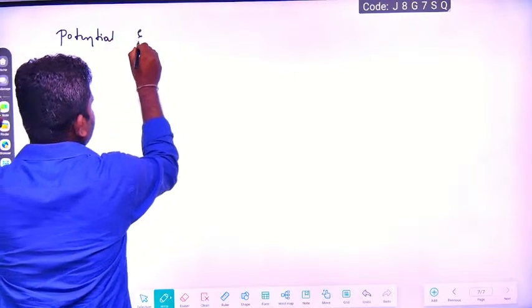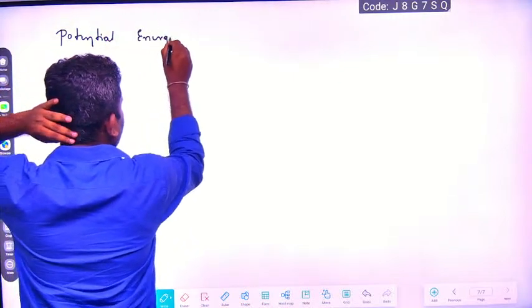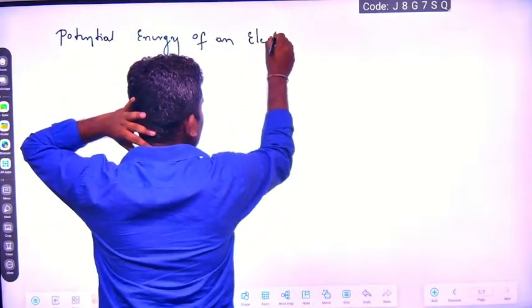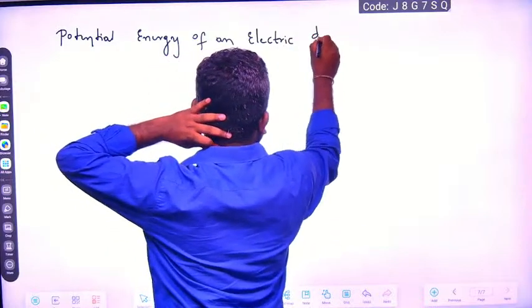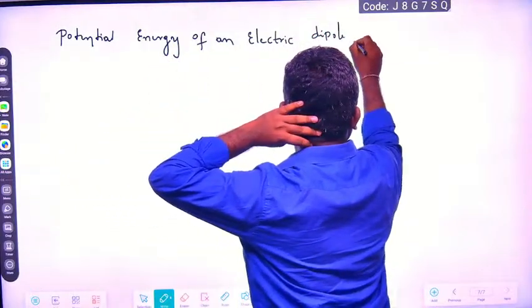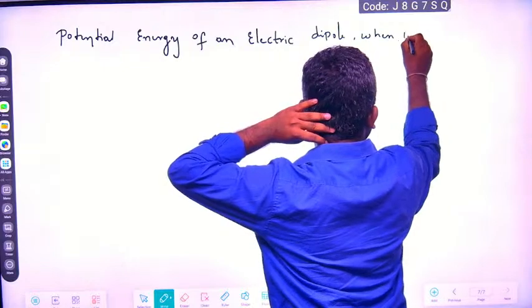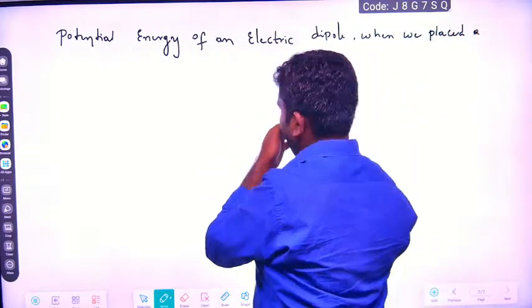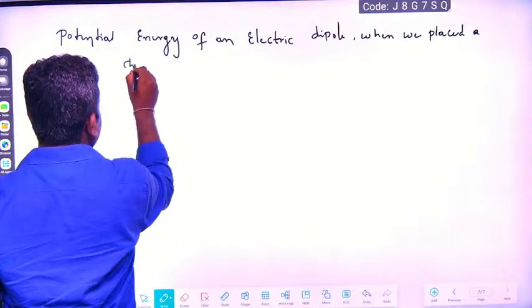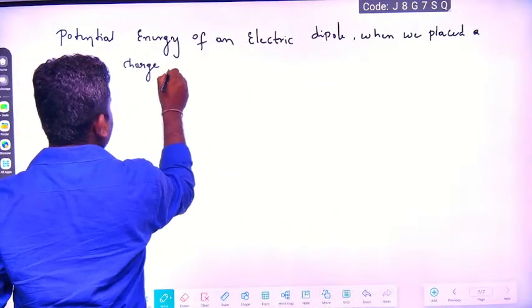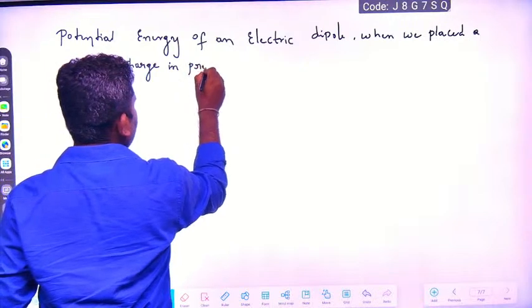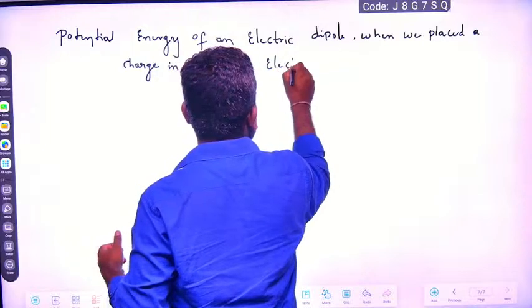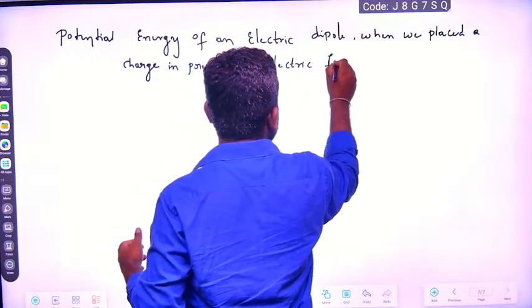Potential energy of an electric dipole when a dipole is placed in the presence of an electric field. Okay, that's the next point. Please take down: potential energy of an electric dipole when we place it in the presence of electric field lines.